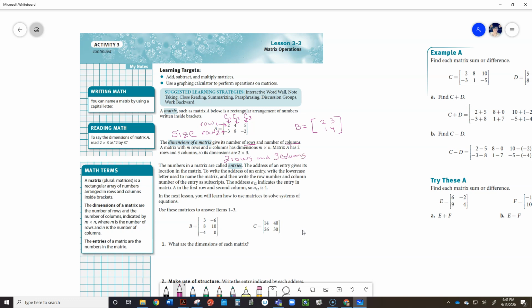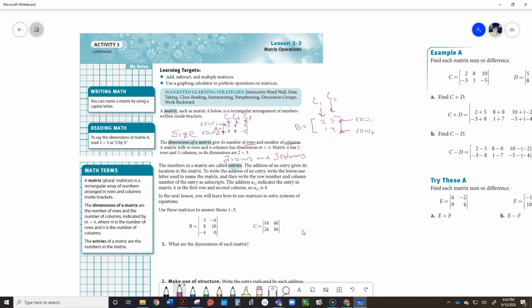So what would be the dimensions of this matrix right here? This would be row 1, this would be row 2, this would be column 1, this would be column 2.